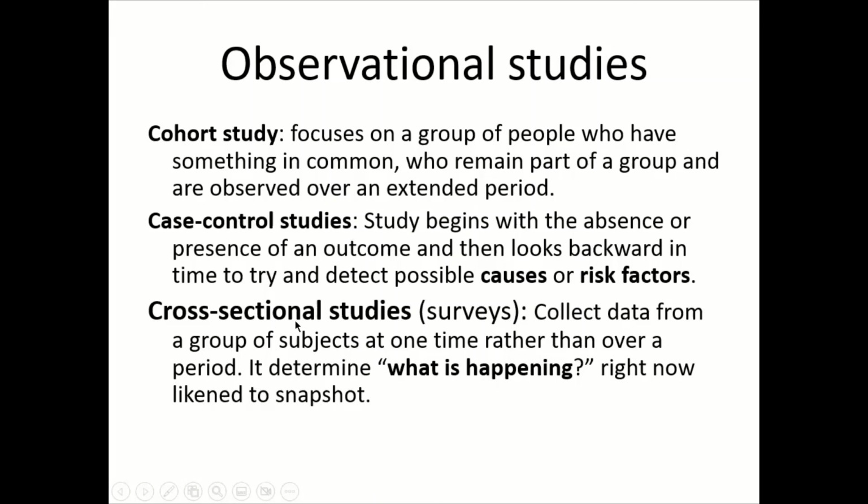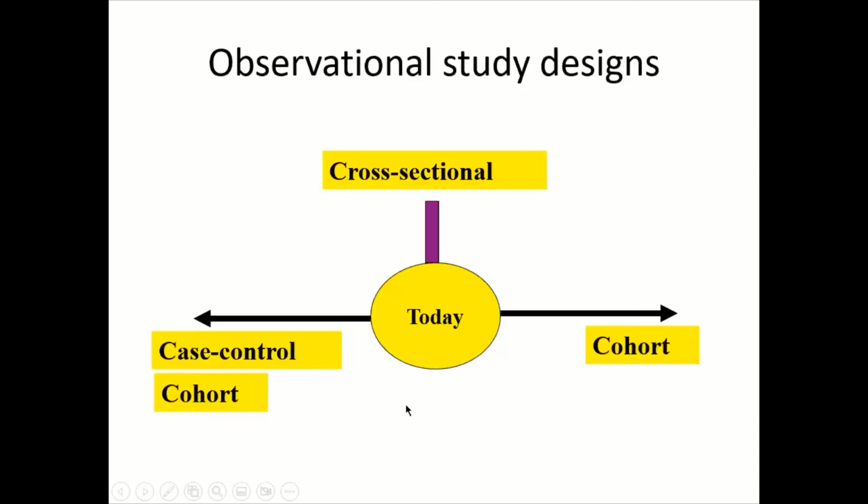Now, this type of study design determines what is happening right now. And if well designed, it can also tell us why it is happening and how. All right, so this study is very important in public health research. So it captures what is happening at the time the data is collected.